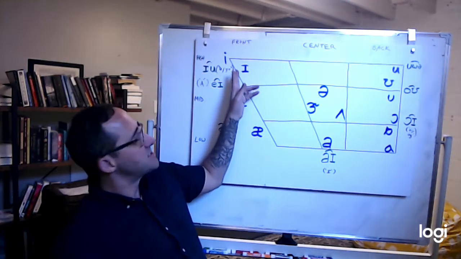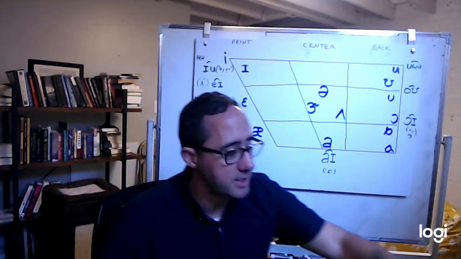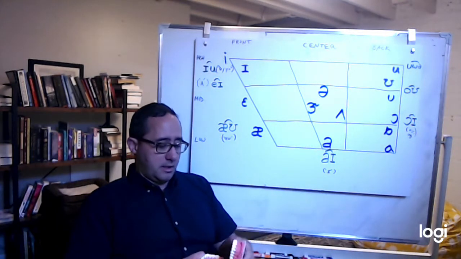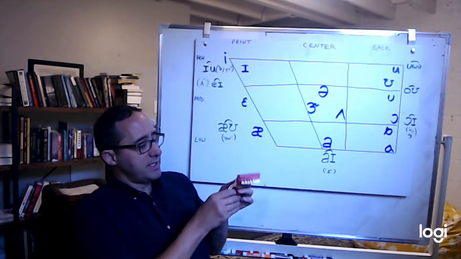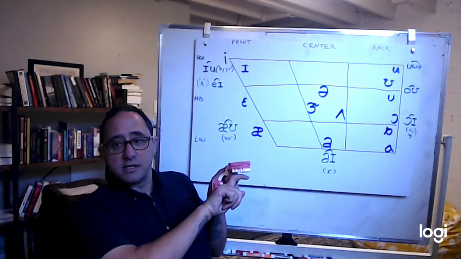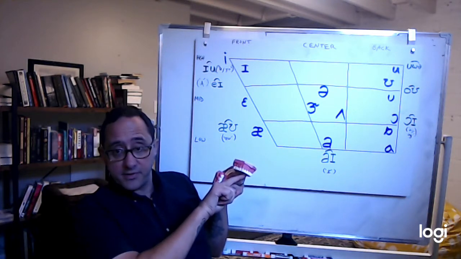The idea is, when you make an E sound, your tongue is closer to the front of the mouth, okay?